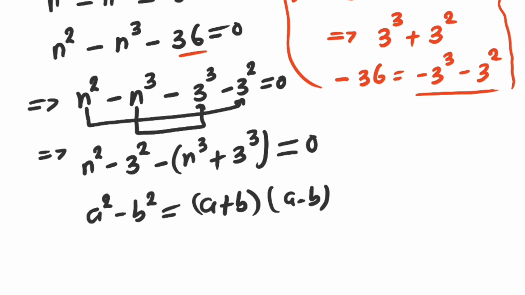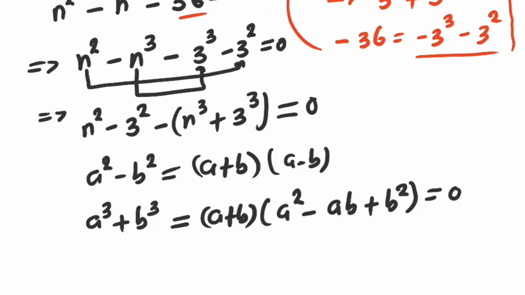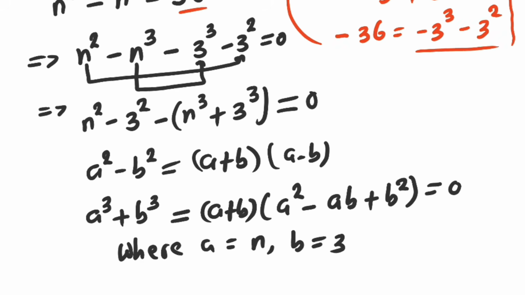Then if you have a raised to power 3 plus b raised to power 3, this is equal to a plus b bracket a squared minus ab plus b squared. Then where a is equal to n and b is equal to 3.